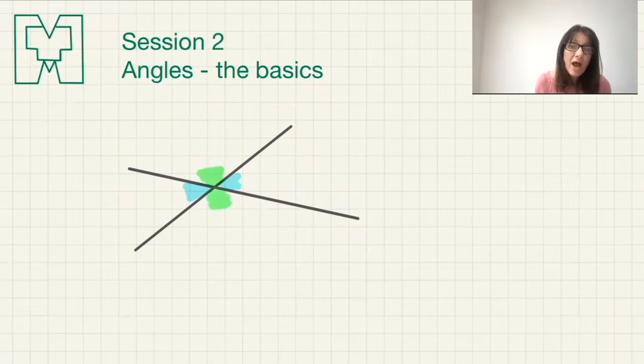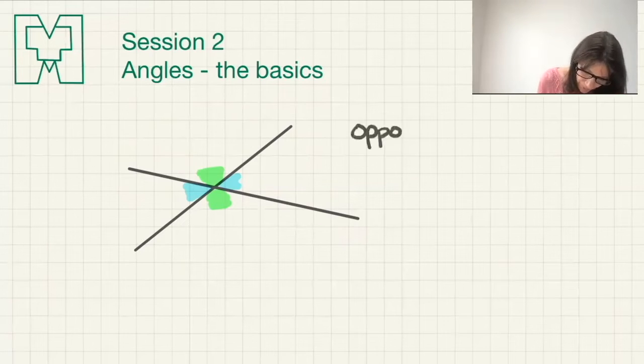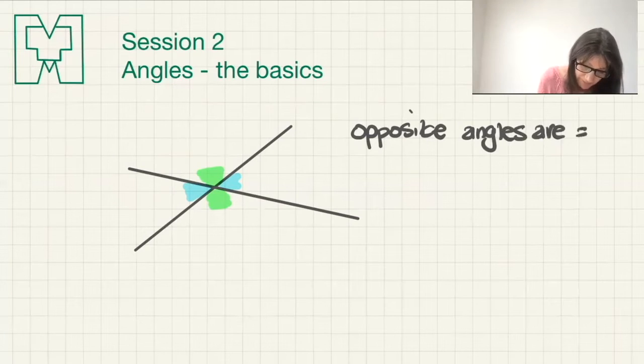So I'm going to colour those in a slightly different colour. And what I'm looking at here are equal angles, right? Opposite angles are equal. So basically what I'm saying is that the green angle equals the green angle, and the blue angle equals the blue angle.